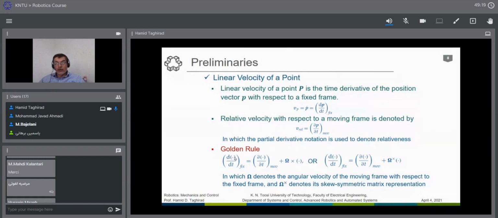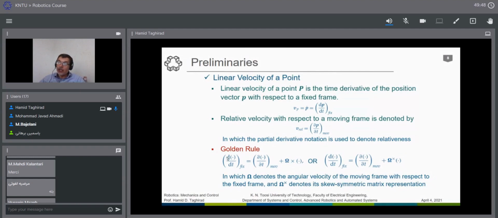Anything that you would like to differentiate with respect to a fixed frame, to find the real rate of it, you can find it with respect to a moving frame, plus you have to add one term. You have to add a term to correct for the angular rotation between these two frames, and we can add this as omega cross that vector.